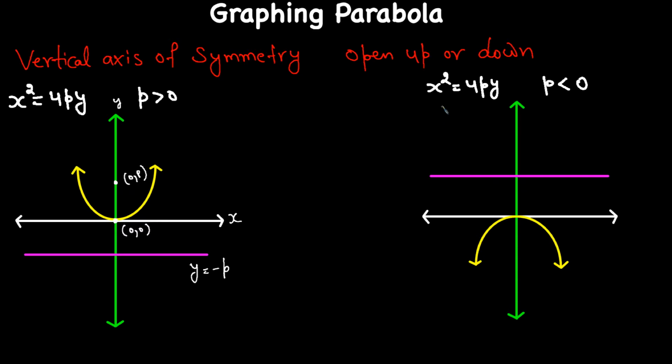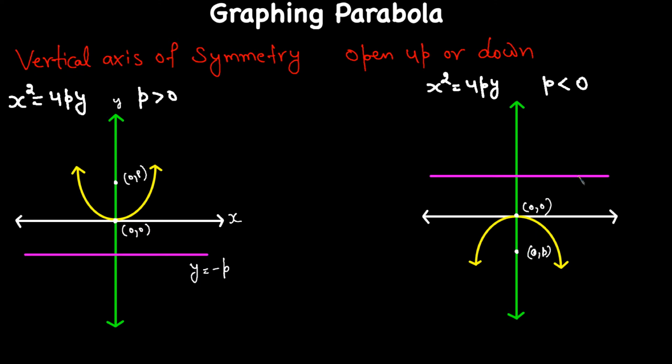Now the same equation, x squared equals 4py, which means a vertical axis of symmetry, but the value of p is less than 0. In this case, the parabola will open downward. Again it has a vertical axis of symmetry, x is equal to 0, and this point is my vertex, which is 0, 0, and this point is my focus, which is going to be 0 comma p.